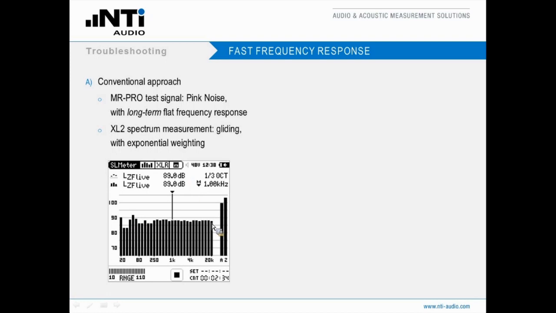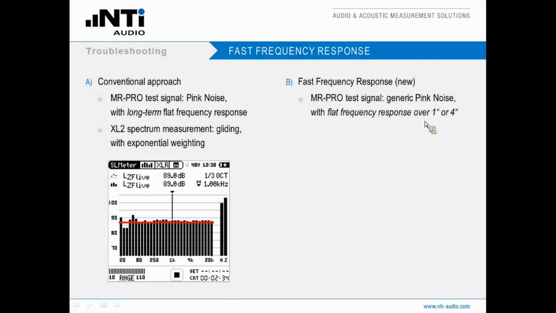But if you want to get a stable result from a pink noise signal, you have to average over a certain time to get this stable situation. So here the correctly flat frequency response will only show up over a longer integration period. The new approach we are presenting is called the fast frequency response. Here we are generating a generic pink noise signal, which has a very special characteristic.